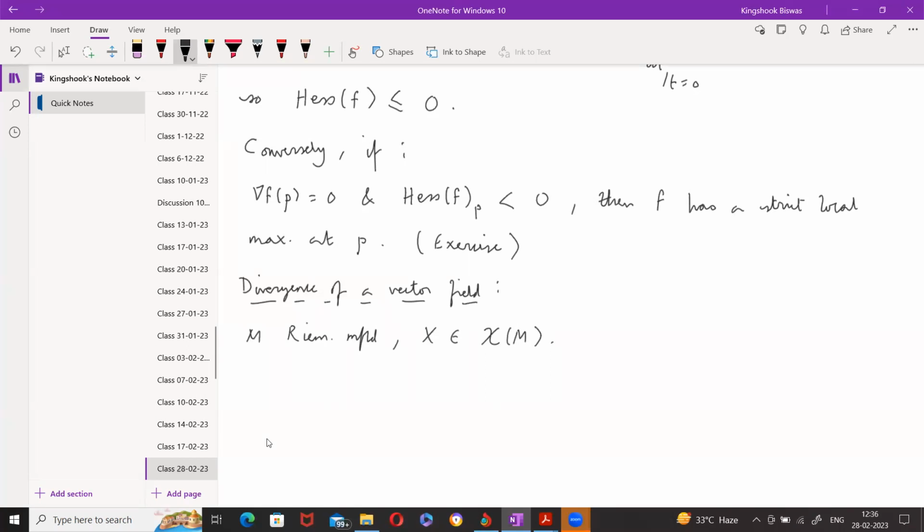So how do we define that function? We saw how to define the divergence in Rn. It was defined in terms of the change in volume under the flow of X. Similarly, we can do the same here. The only slight catch is that I'm not assuming M to be oriented or orientable. To define the volume form we needed an orientation.